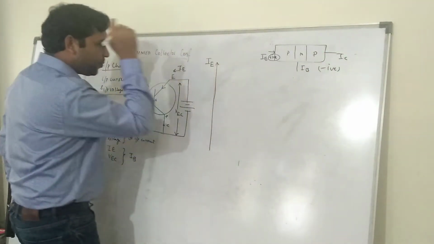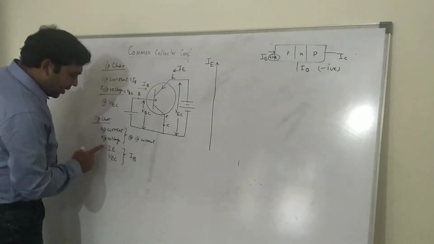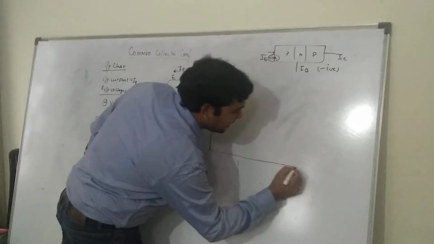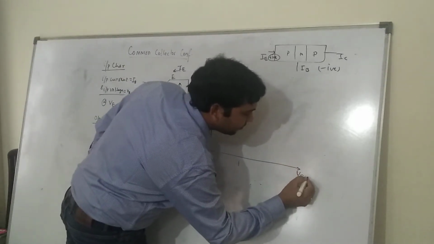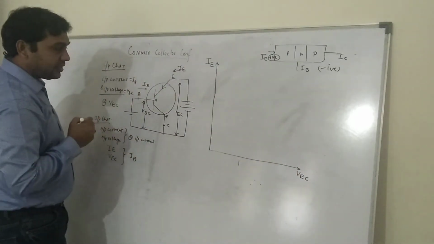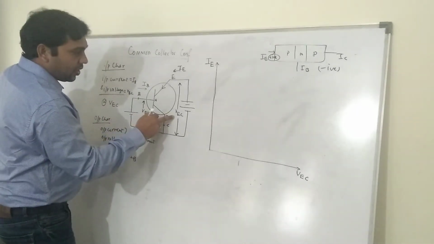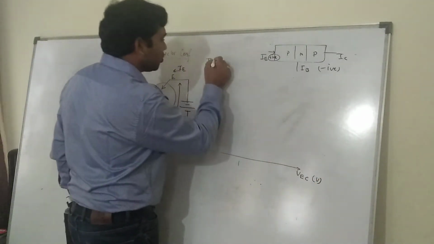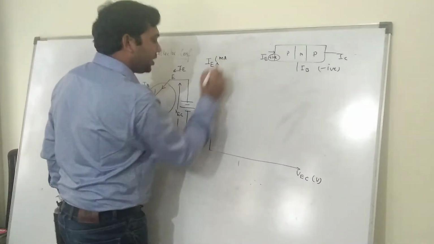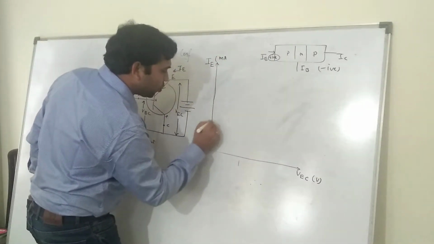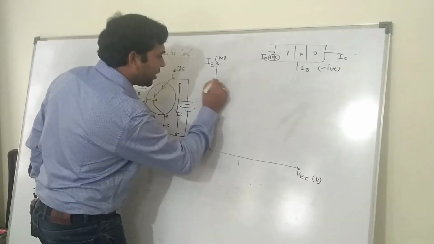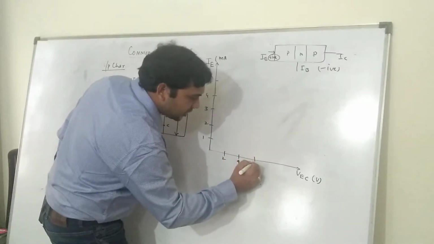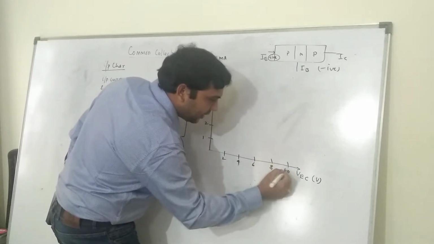So the emitter current is taken positive on the y-axis, and the x-axis is VEC, also positive. This is in volts and this is in milliamperes. Let's say 1, 2, 3, 4, 5 and so on, and 2 volt, 4 volt, 6 volt, 8 volt, 10 volt, like this.